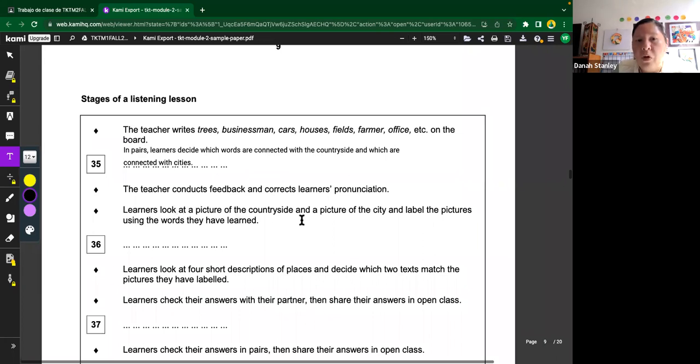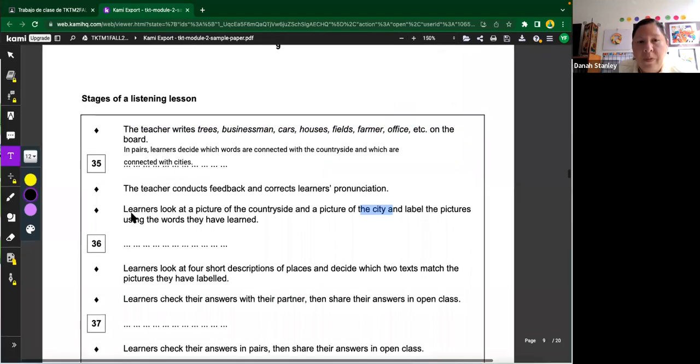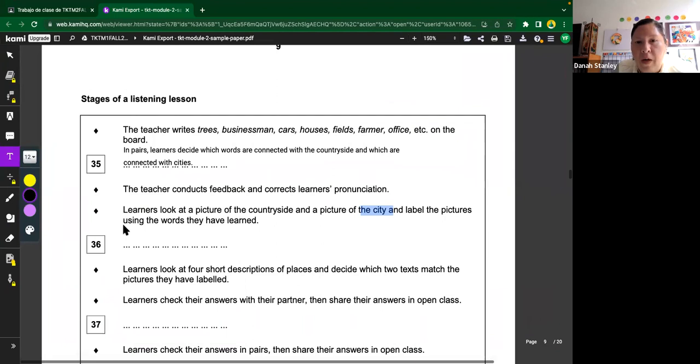Learners look at the picture of the countryside and a picture of the city. Ah, here they have the countryside and here they have the city. And label the pictures using the words they have learned. So this activity is the lead-in, no? Then, the presentation of the vocabulary, okay?